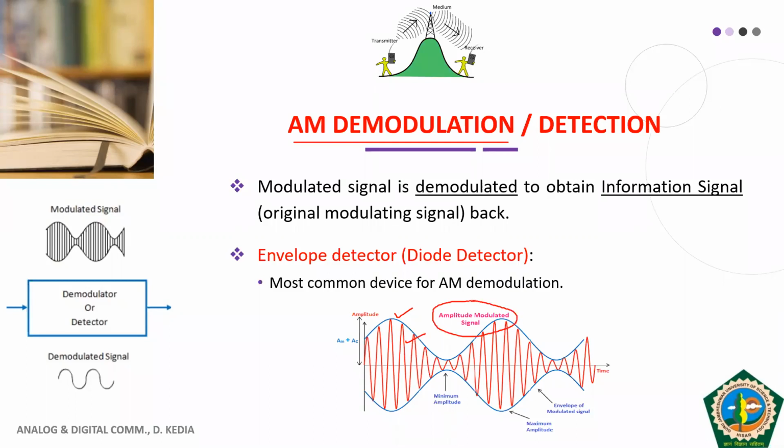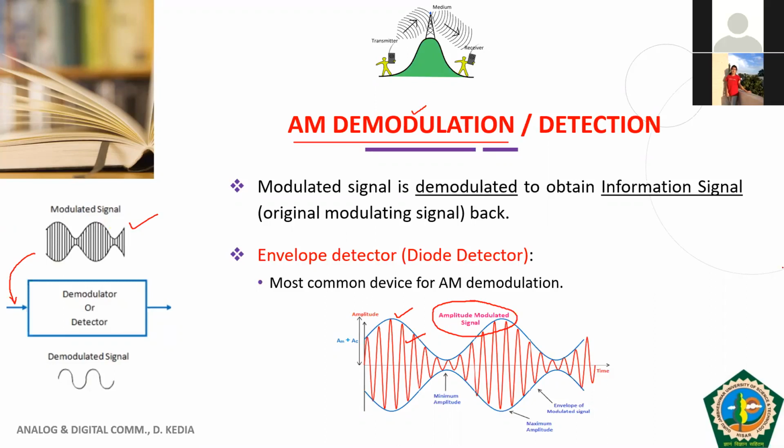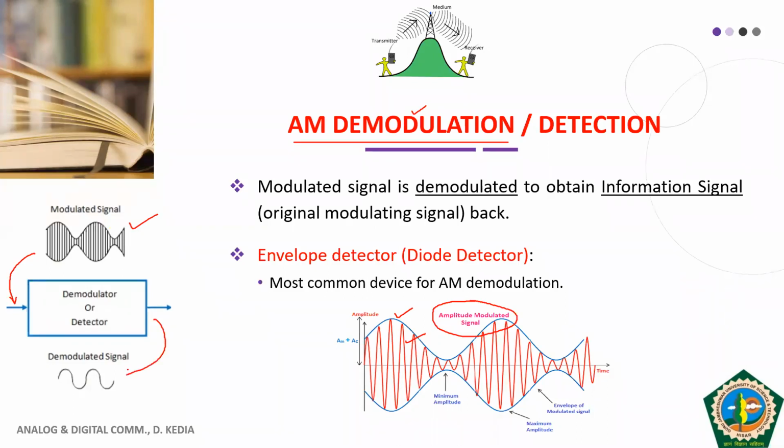Demodulation takes place at the receiver side. Our modulated signal goes to the input of the demodulator, and the demodulator gives us back the original information signal. Whatever we did in modulation, the reverse of that is demodulation.